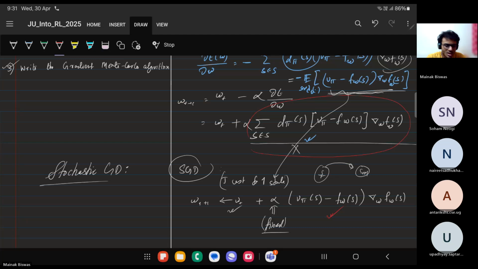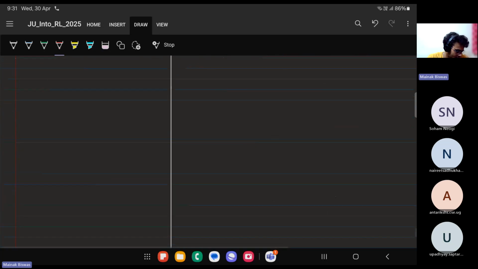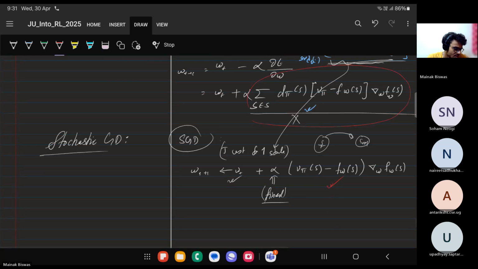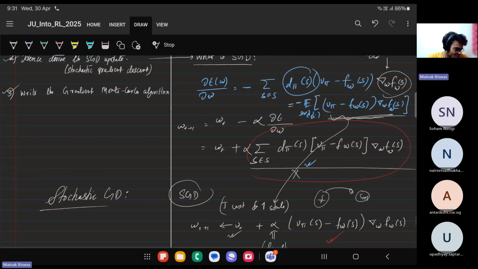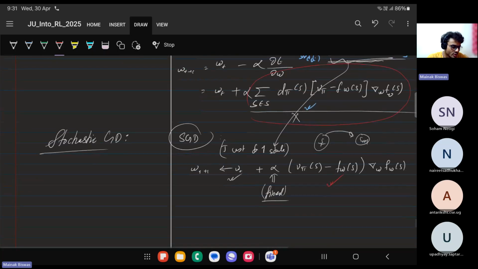Let's take an example and then we'll understand what SGD is. We'll do SGD at the end. Let's write down an algorithm to do this. So this is not known. Can you give me an idea how to do this? You can approximate it using Monte Carlo. That's why it's called gradient Monte Carlo.